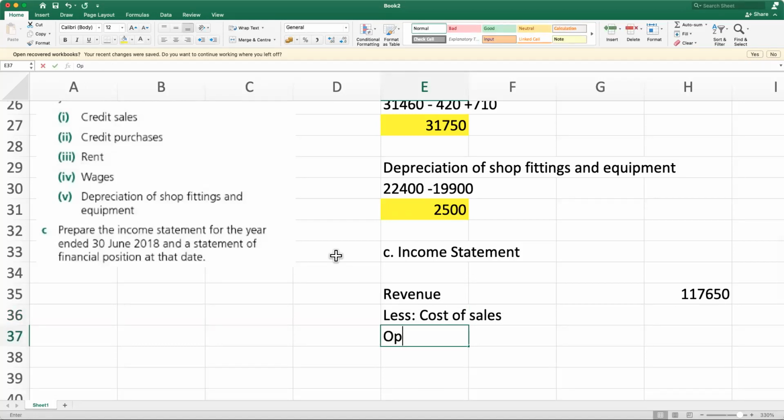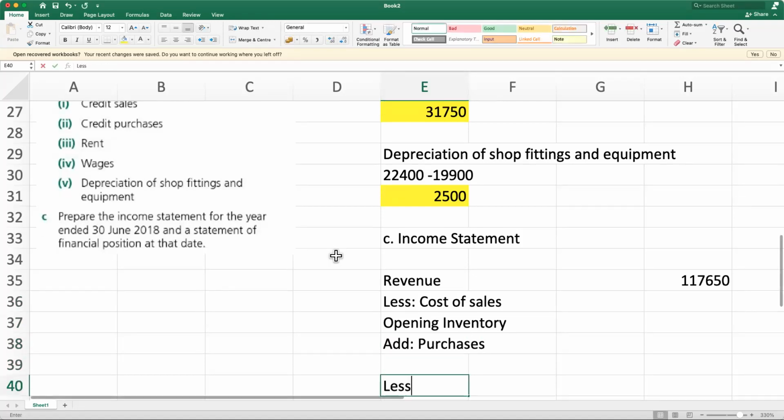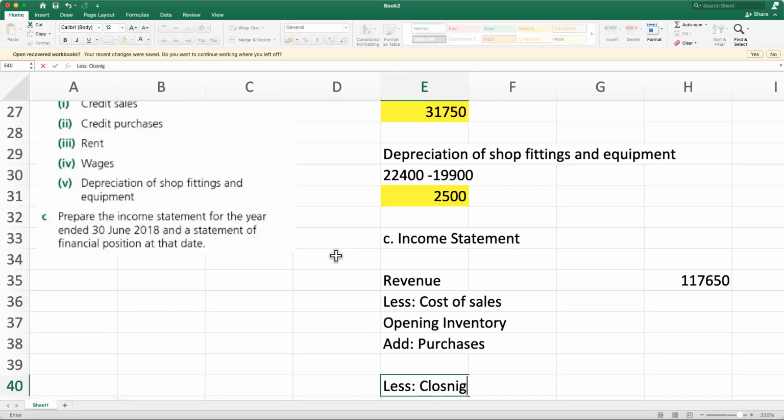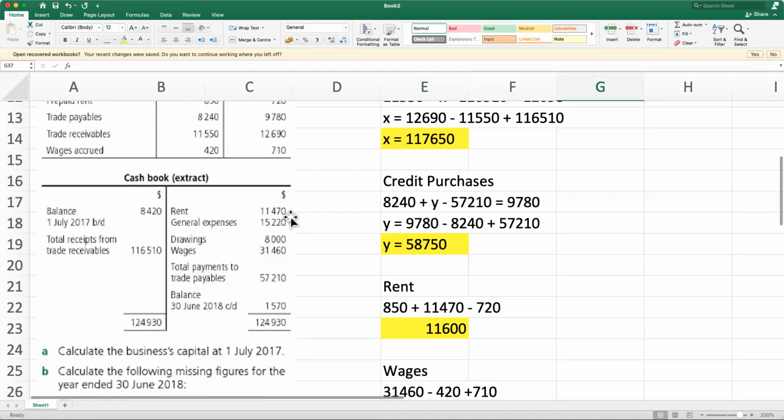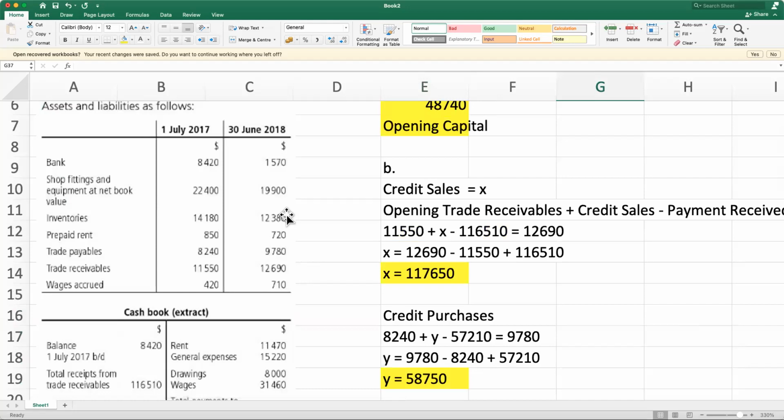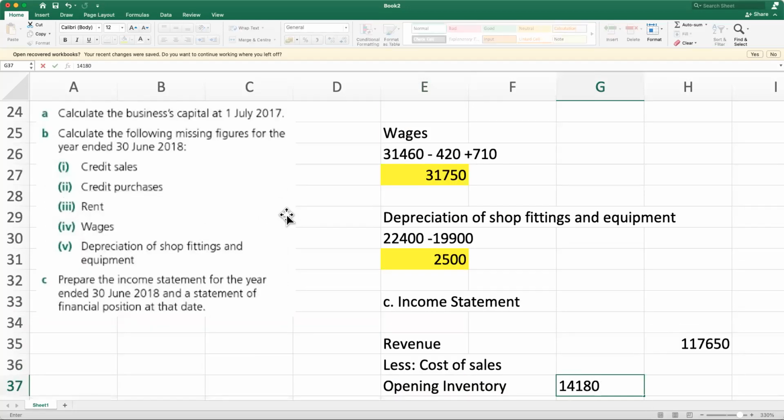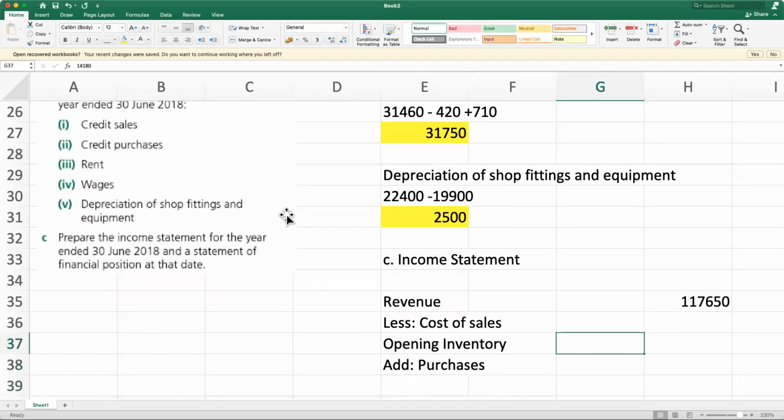Less cost of sales, we start with opening inventory plus purchases less closing inventory. I didn't see any form of carriage, so we don't need to include those. So opening inventory is 14180. Purchases.